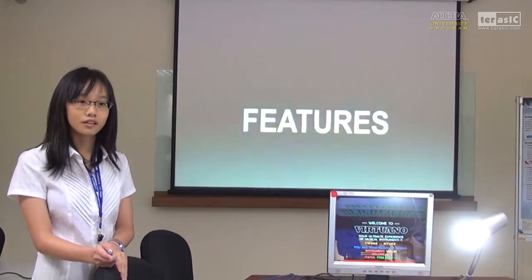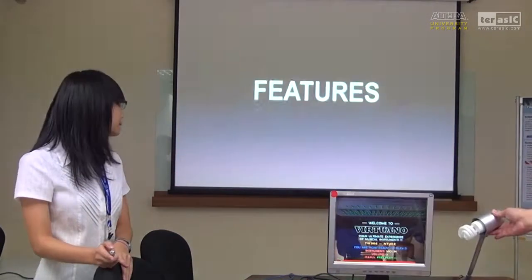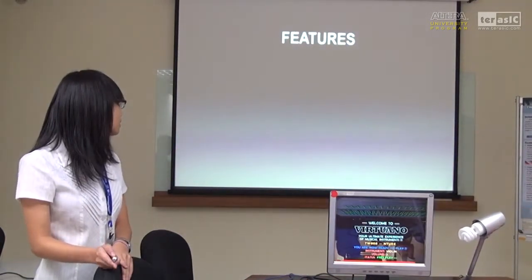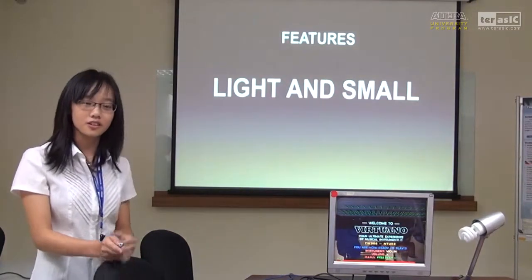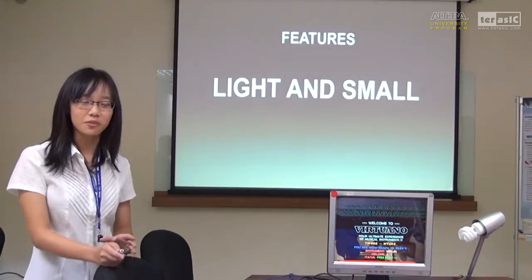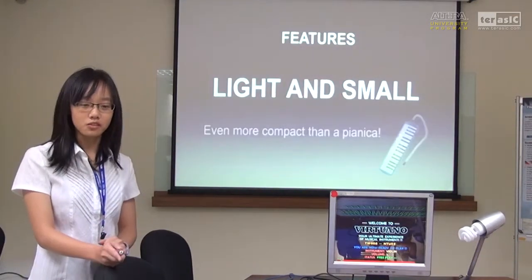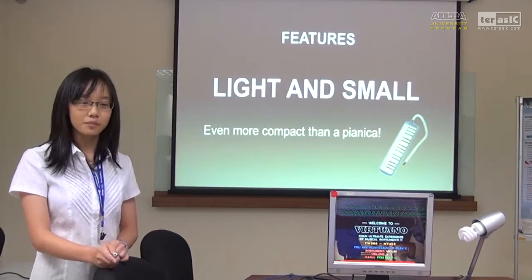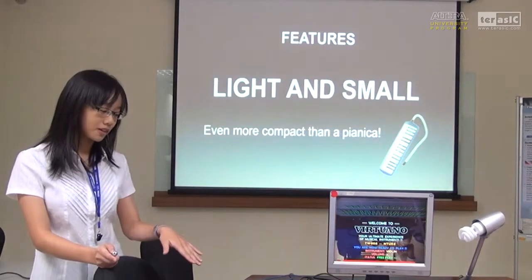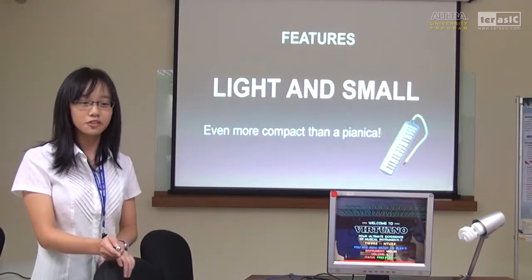What are its features? First, as I just mentioned, it's light and small. It's lighter and smaller not only than the piano, but also than the pianica, because it's just formed by pieces of paper.